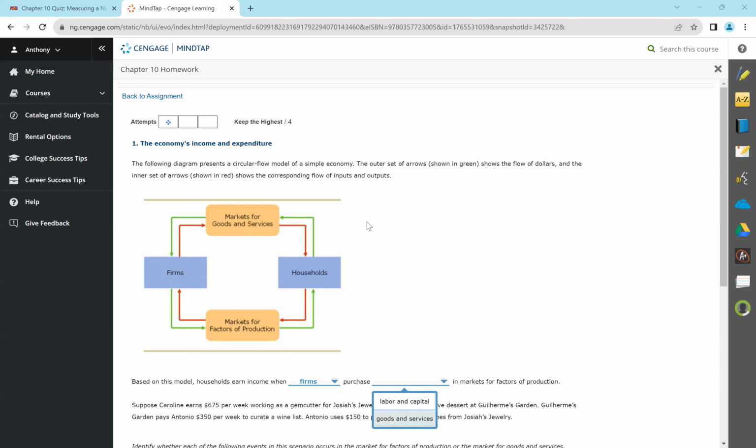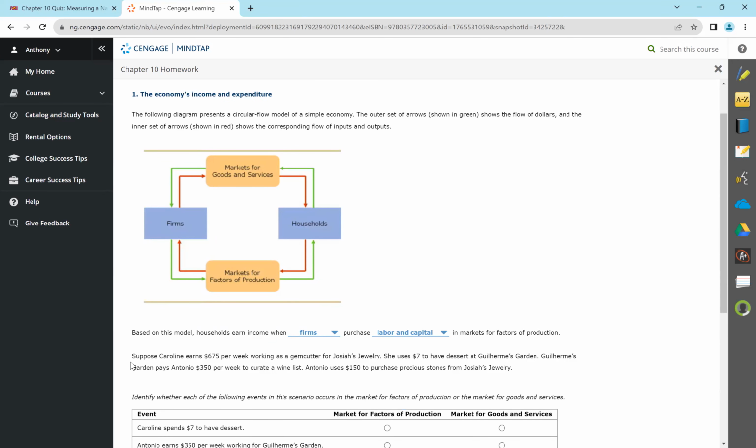That's not right. Goods and services or resources. So labor and capital. Okay. So when firms purchase labor, that's like you're a laborer, I'm a laborer. We get paid. You earn money when you go to work and they pay you for your labor.